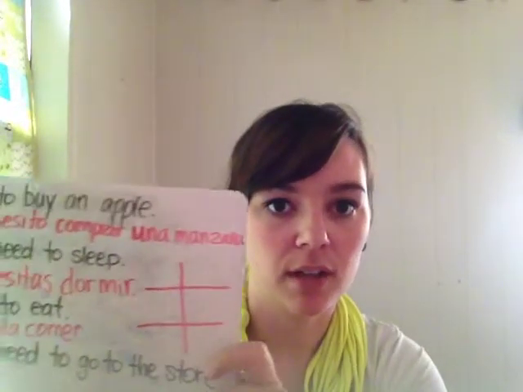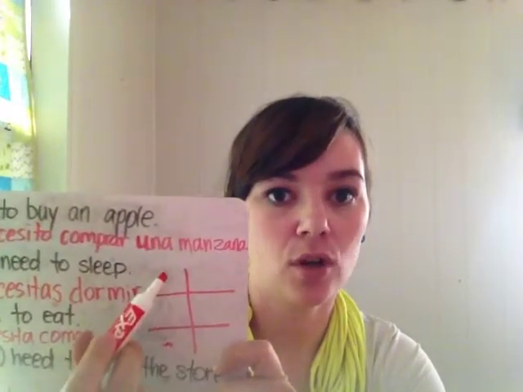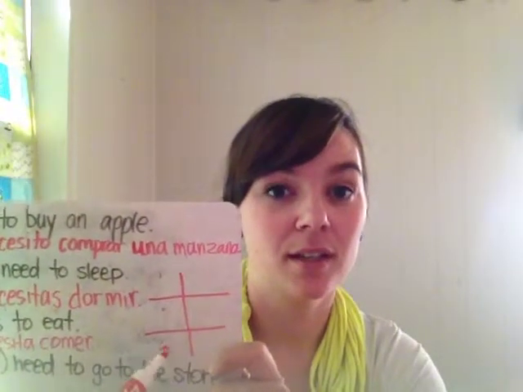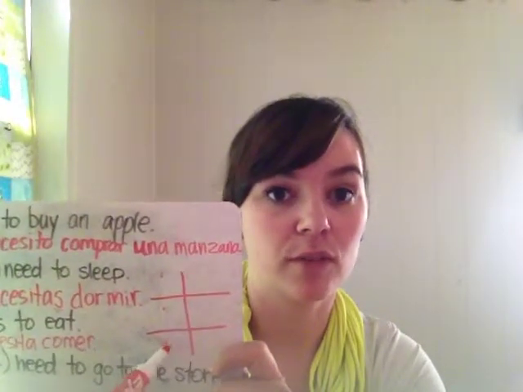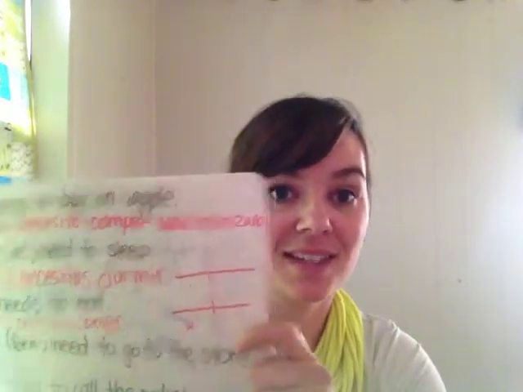For this part of the grid, here we have yo, tú, but this one can mean three subjects: he, she, and you formal. So in that case, it does help to use the subject.